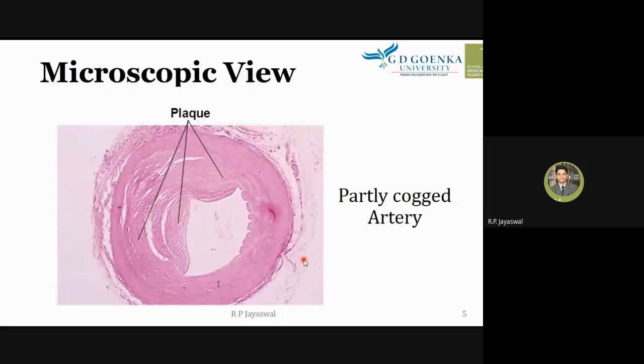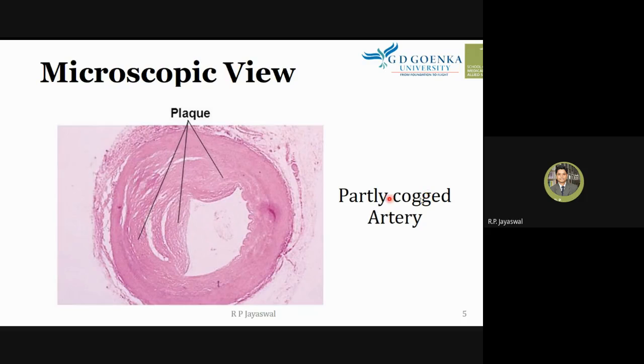Now this is what we will see under the microscope when there is an atherosclerotic coronary artery. An atherosclerotic coronary artery has a plaque. The lumen is narrow. This is the plaque you can see, which is not normally seen in the wall of the artery, right?